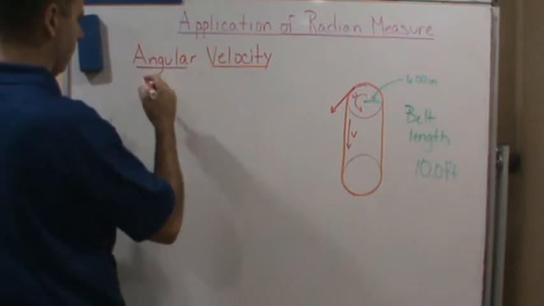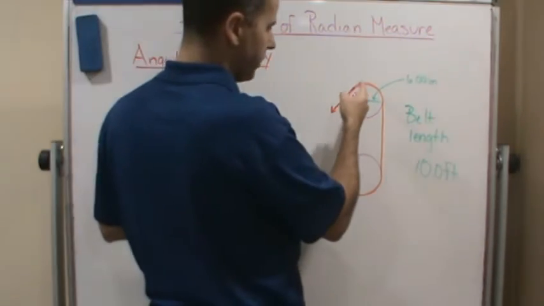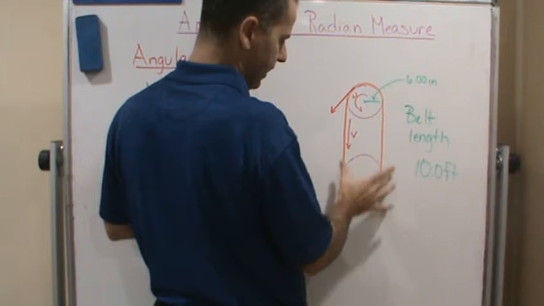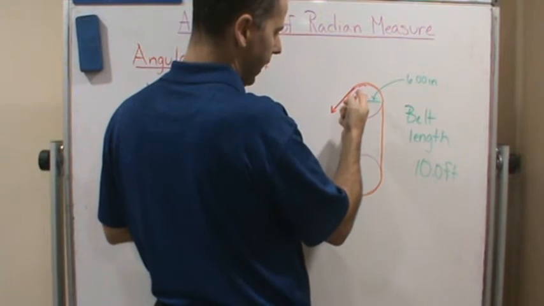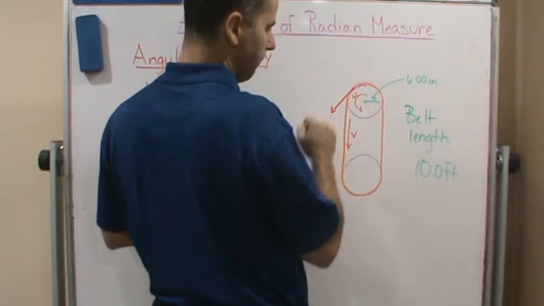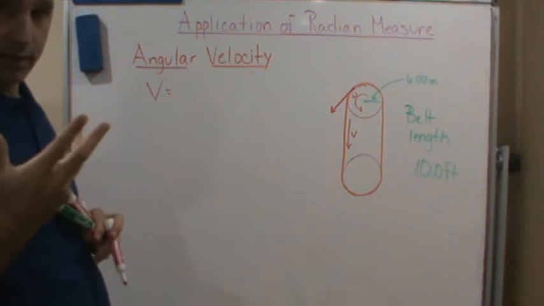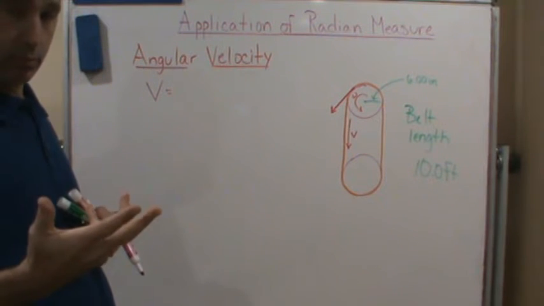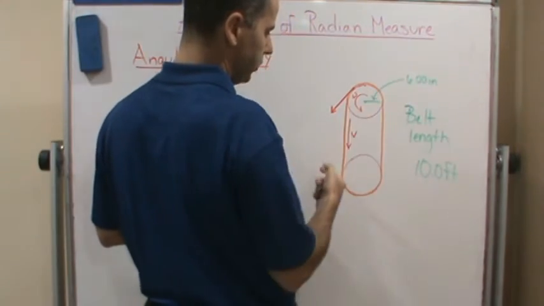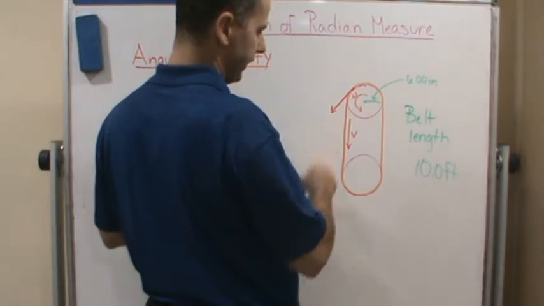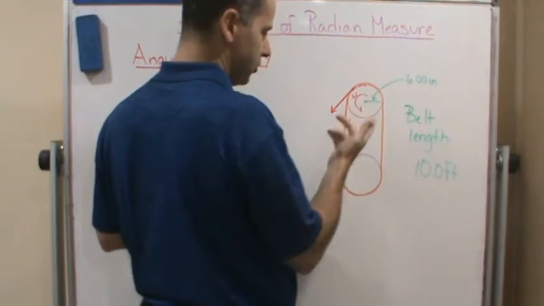Now in this case, assuming this is a nice snug belt with no slipping, the belt is moving at the same speed as the point, right? So if it takes the point 2 seconds to go one revolution around, and there's 10 feet, basically it's traveling 10 feet in 2 seconds.